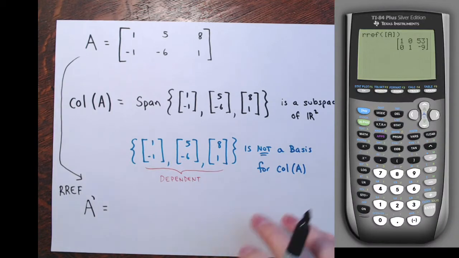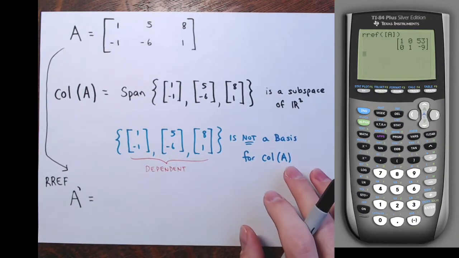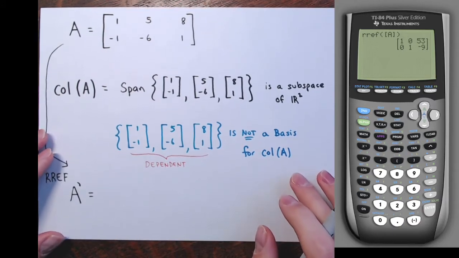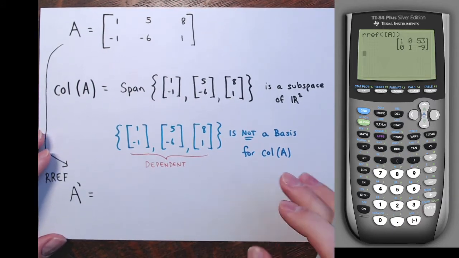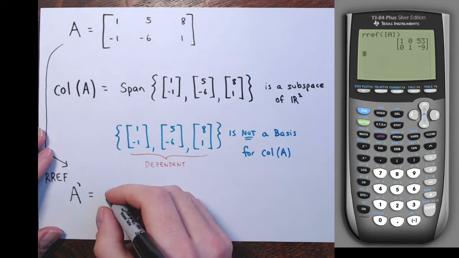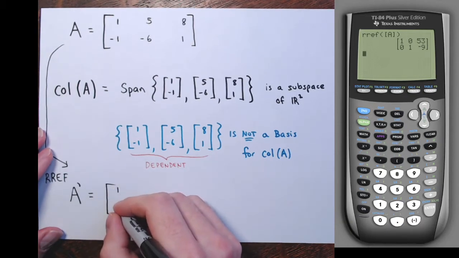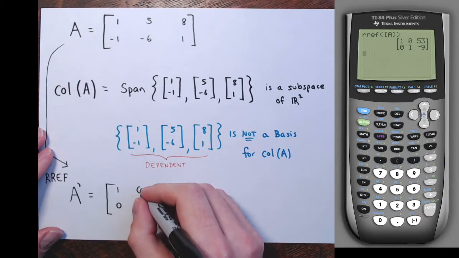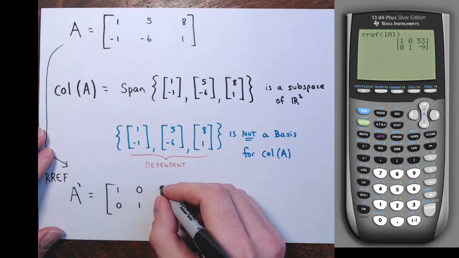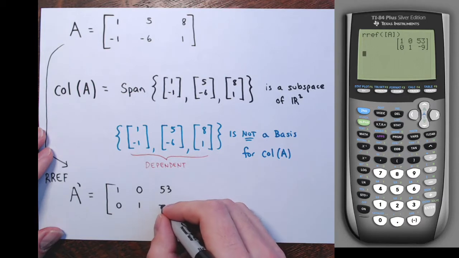Okay, so hopefully you've seen me do entry of matrices in the calculator plenty to know where this came from. But my calculator just popped up the reduced row echelon form of this matrix. It has a first column of (1, 0), second column (0, 1), third column (5/3, -9).